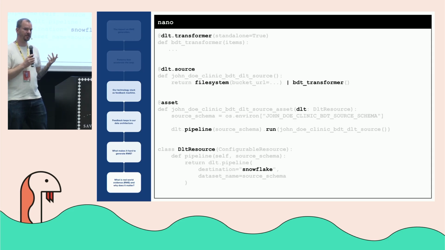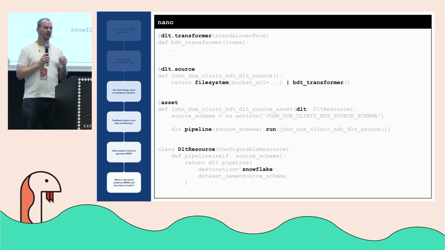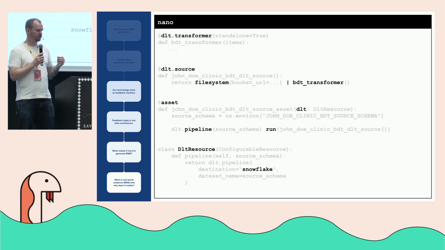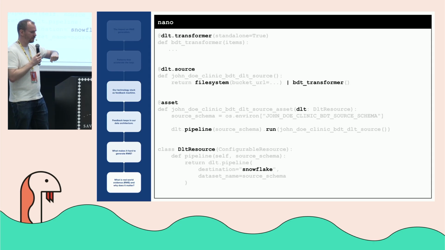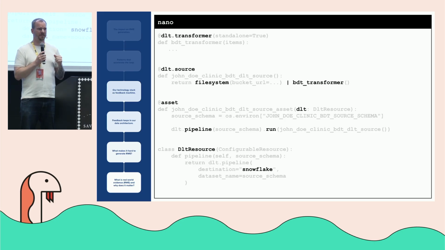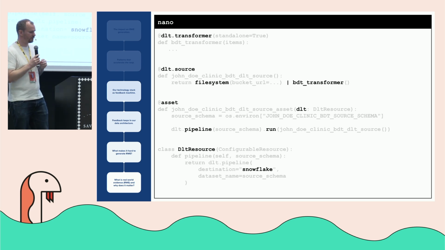And lastly, this is a concept of Dagster as well: we don't need to hard code the creation of a DLT pipeline. If you do that, it's not so easily testable. Instead, you write a resource, which is basically passed into your function by Dagster. And our resource, the DLT resource, is rather simple. It has a function called pipeline, and what it does is it creates a DLT pipeline.